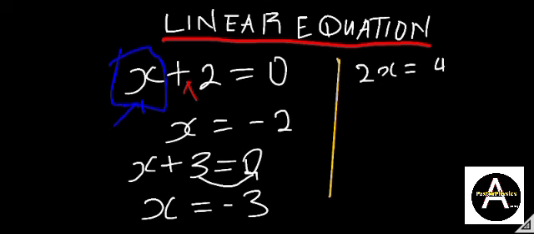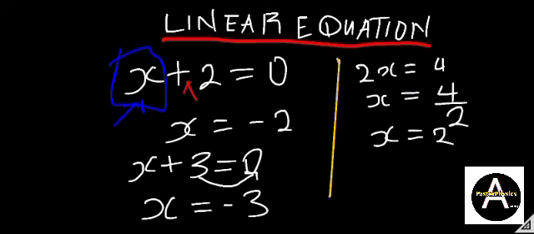We know that x is not standing alone, x is connected to 2 by multiplication. So what we do is remove this 2 to the other side, and when 2 is leaving x, because it is bound to x with multiplication, when 2 is going to the other side, it becomes what? Divide. So this is 4 over 2. So x will be equal to 2.